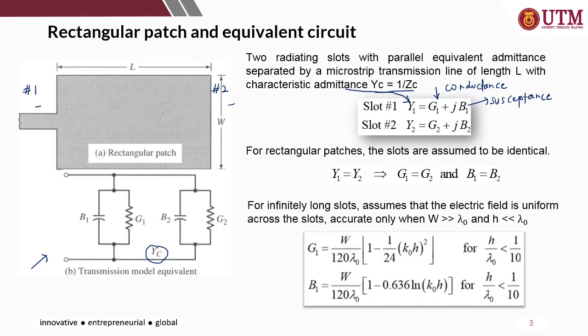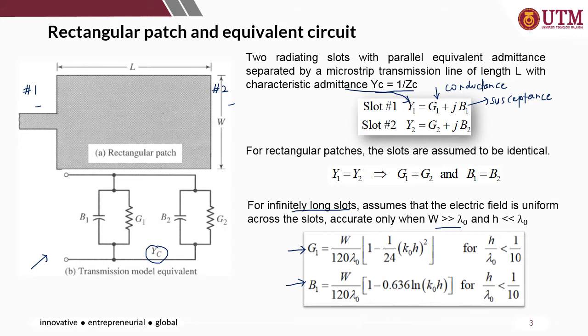Right, for infinitely long slots, assuming that the electric field is uniform across the slots, but valid only when W is larger than lambda naught and H is less than lambda naught. So the conductance and the susceptance can be calculated by using these equations.